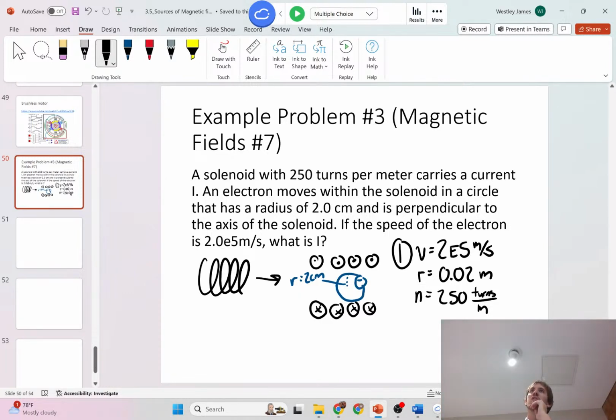But I want you all to spend a few moments. Think about what equations might we use here. What concepts might we use here? Pause and think about it. I'll give you a hint. There's a solenoid, and I'm going in a circle. Those are two triggers for what equations are going to come into play. If you ever see a solenoid, there's literally only one equation that has to do with solenoids. If you ever see something going in a circle, there's something that immediately should come to mind, that you're always going to use if something's going in a circle.